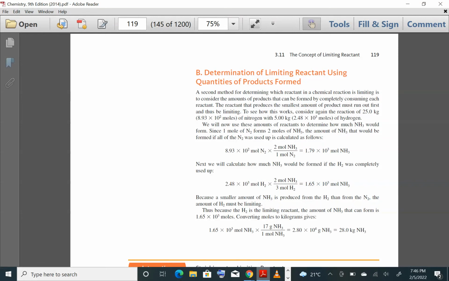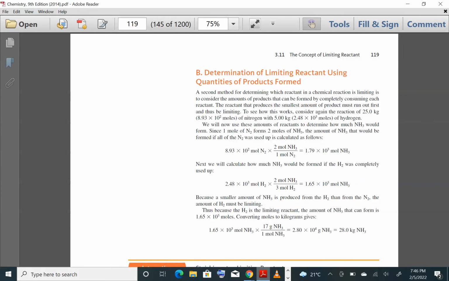Therefore, to find the mass of our product, we won't use the moles of the nitrogen because it's in excess, like we figured out. We're going to use the moles of the hydrogen and the mole ratio again, and we get those moles.